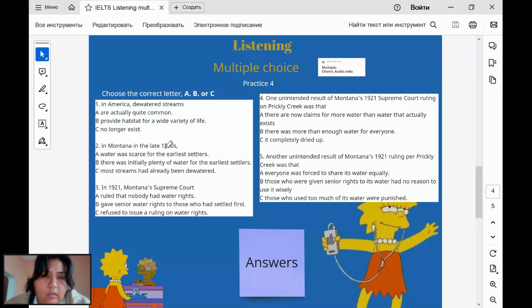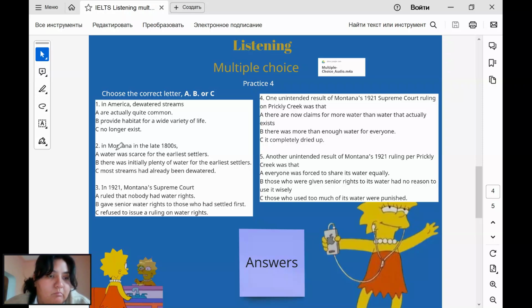In Montana, in the late 1800s, it means 1860, 70, 1890, and so on.